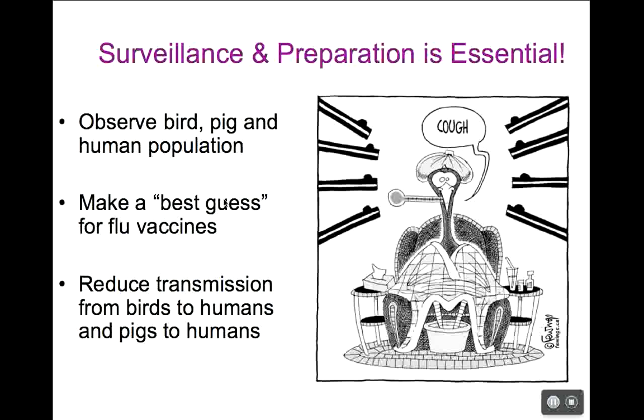So the CDC will be paying attention to which strains they see, and in the end they have to make a best guess. Based on all of the evidence that they have, these 3 or 4 or 5 strains are what they think is most likely to show up in the human population in North America when winter comes.